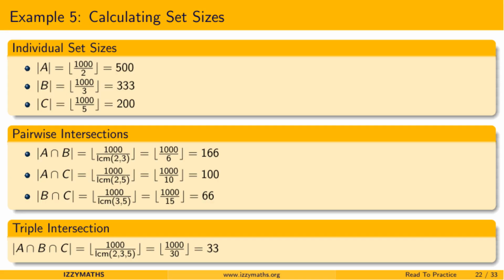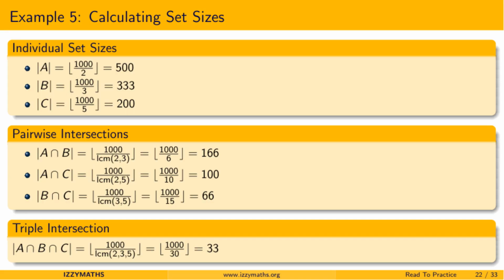For pairwise intersections, the absolute value of A intersection B equals the floor of 1000 over LCM of 2, 3 equals the floor of 1000 over 6 equals 166. The absolute value of A intersection C equals the floor of 1000 over 10 equals 100.